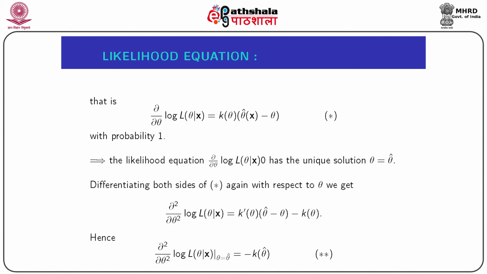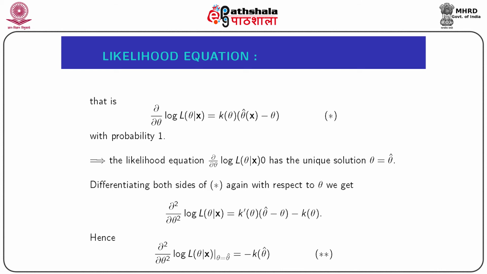For our ease, we can denote this expression as star. Now, this expression, star, holds with probability 1. This implies the likelihood equation, the partial derivative with respect to theta of log L(theta) equal to 0, has the unique solution theta equal to theta hat.